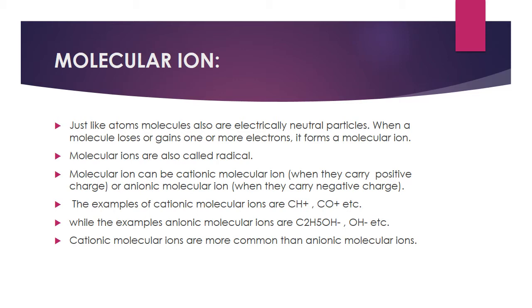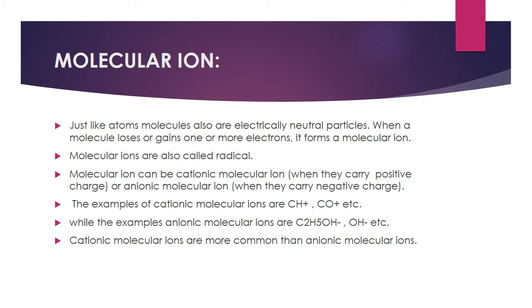So same like ions, the molecular ions can be cationic or anionic depending on positive or negative charge on a molecule. The examples of cationic molecular ions are CH+ and CO+, etc. See, it's not a single atom, but this is a molecule having a charge on it. Again, a molecule as a whole having a positive charge. While the examples of anionic molecular ions are C2H5O- and hydroxyl ion, OH-.